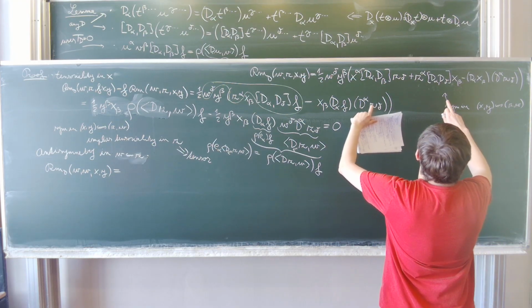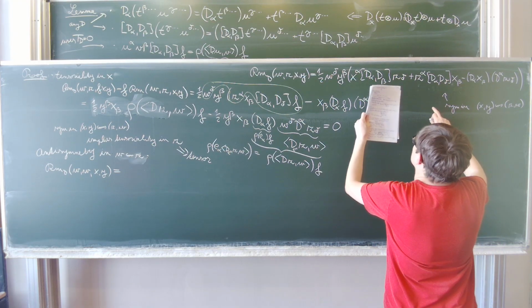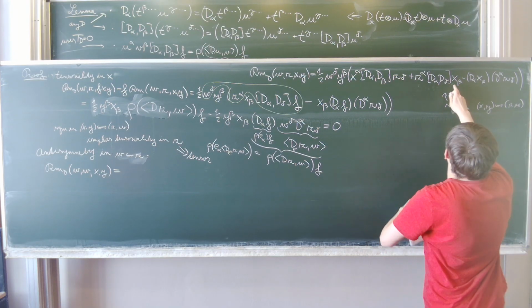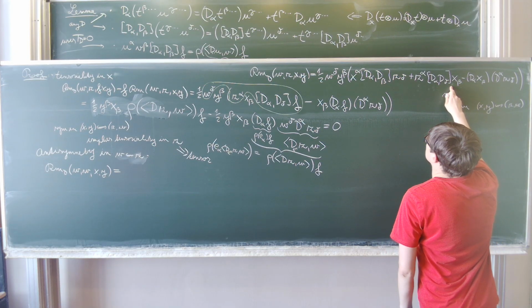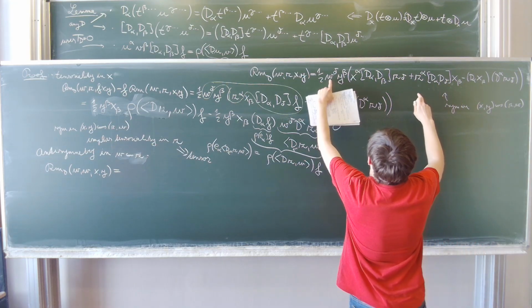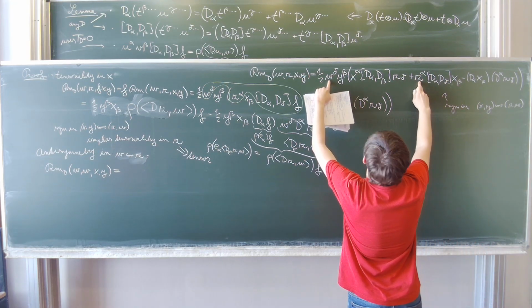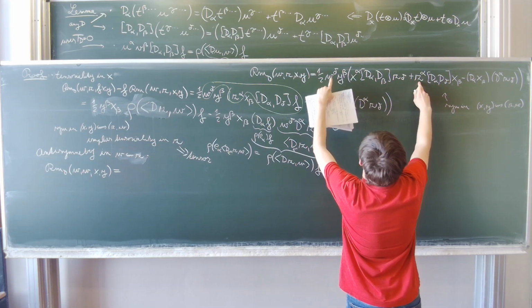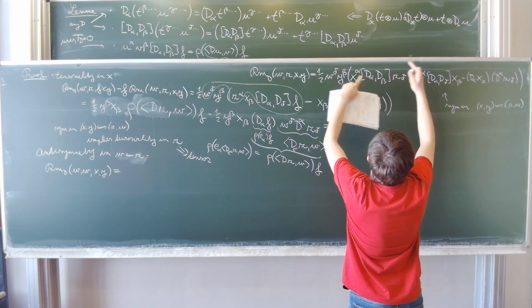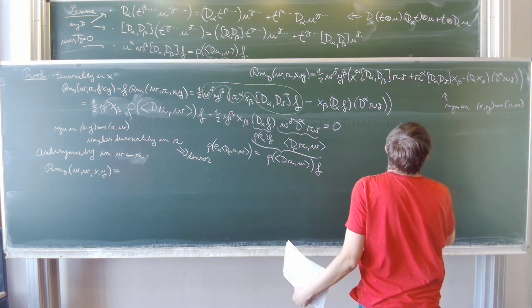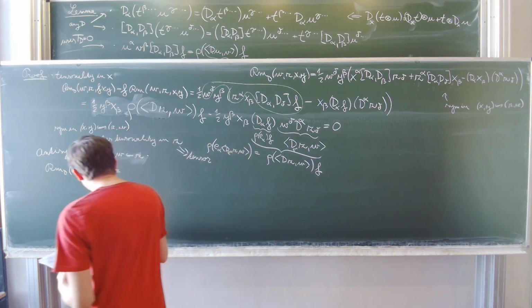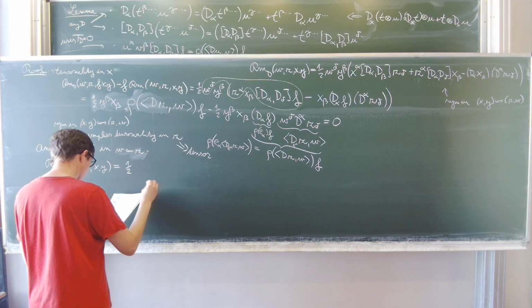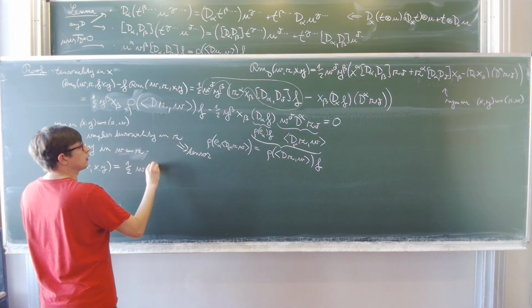If I put W and Z to be the same, then I have W delta, W alpha, so they are symmetric in delta and alpha, but this thing is antisymmetric. So the middle term doesn't contribute, and we only have the other two, the first and the last.